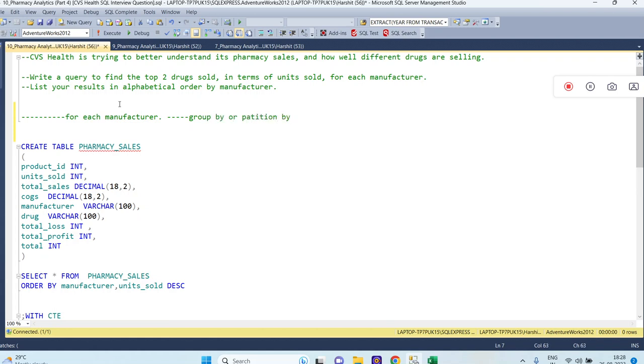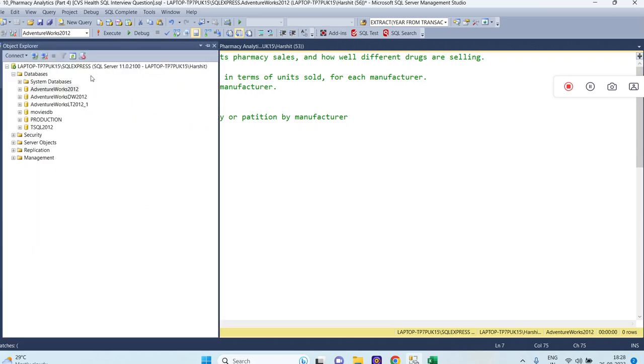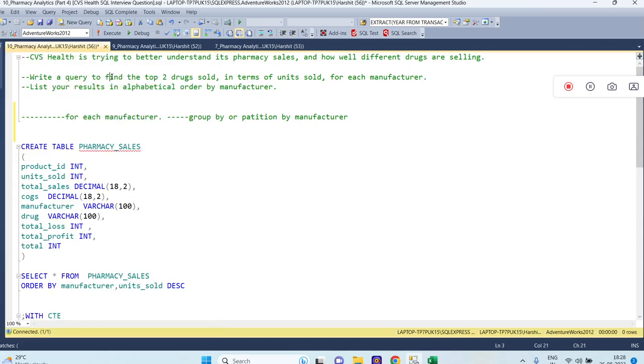Each manufacturer, so partition by manufacturer, like that. So, query to find the top two drugs sold in terms of units sold for each manufacturer. List your result in alphabetical order by manufacturer.